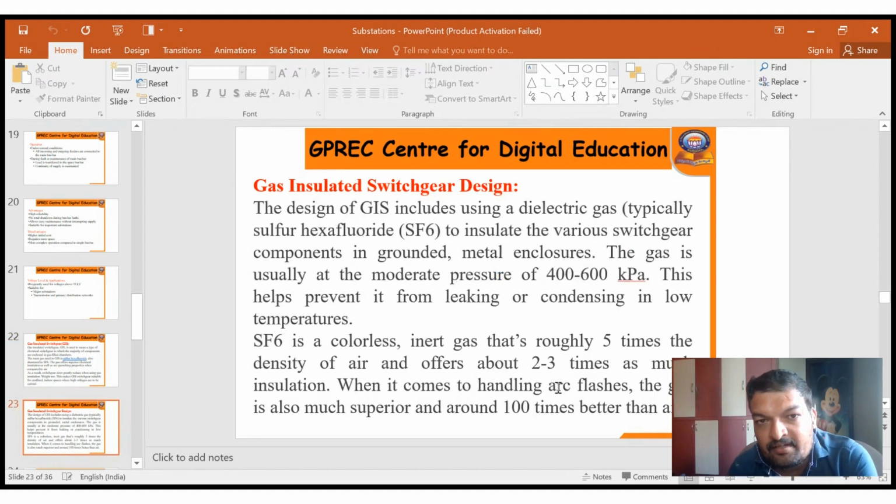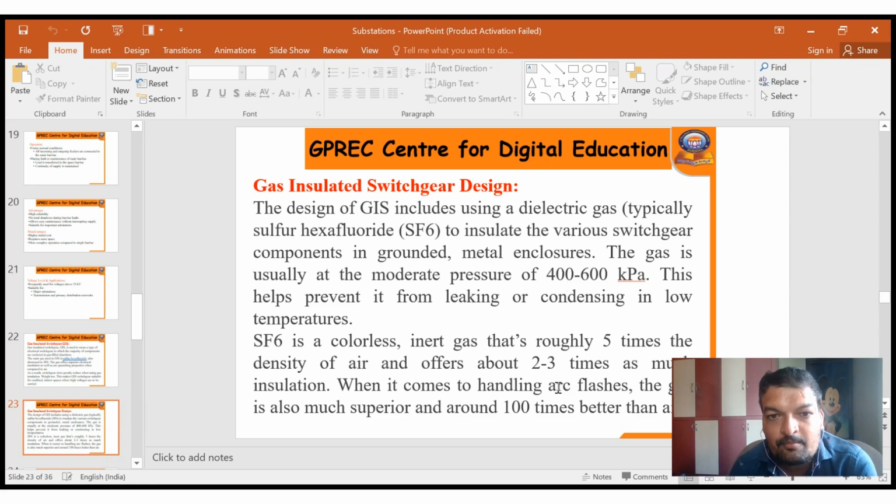So how do we design the gas insulated substation or gas insulated switchgear? The design of gas insulated switchgear includes a dielectric gas, typically sulfur hexafluoride, to insulate the various switchgear components in grounded metal enclosures. The gas is usually at a moderate pressure of 400 to 600 kilopascals.